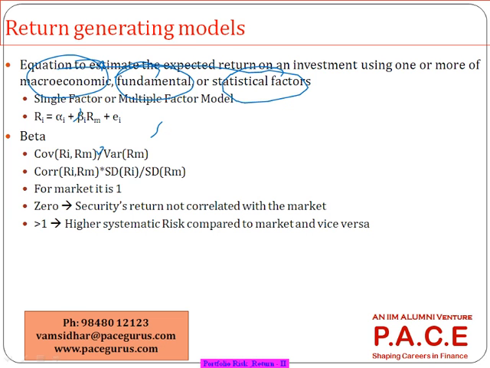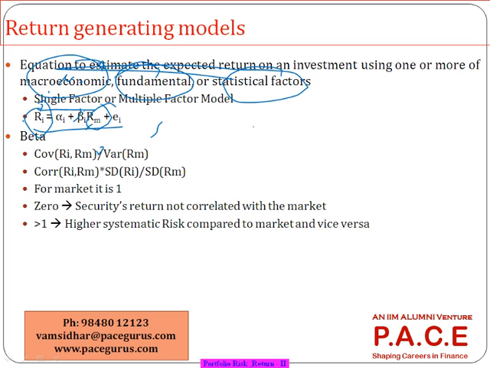In that I can use a single factor, which is probably only one macroeconomic factor or only one fundamental factor. Any one factor, only one input I use to generate a return, I call it a single factor model. Multiple inputs I use, I call it a multi-factor model. And the most common model is this one. RI is the return on the security. RM is the return on the market. Basically, it's a relationship between the security's returns and the market return. Market is nothing but an index, Sensex or Nifty.